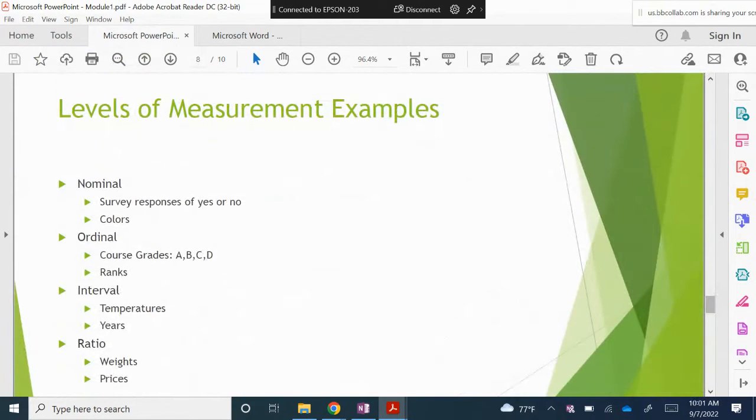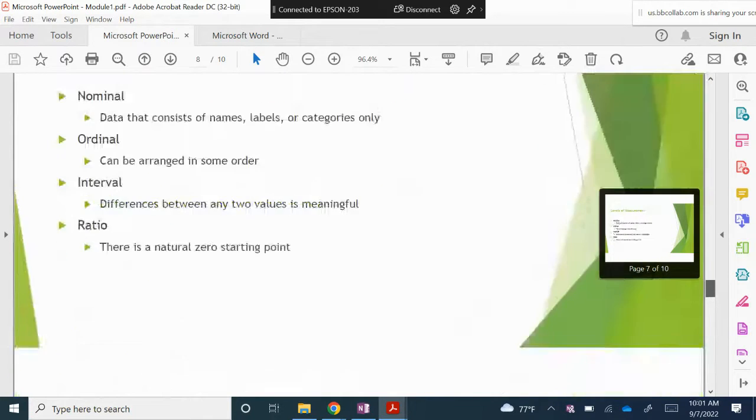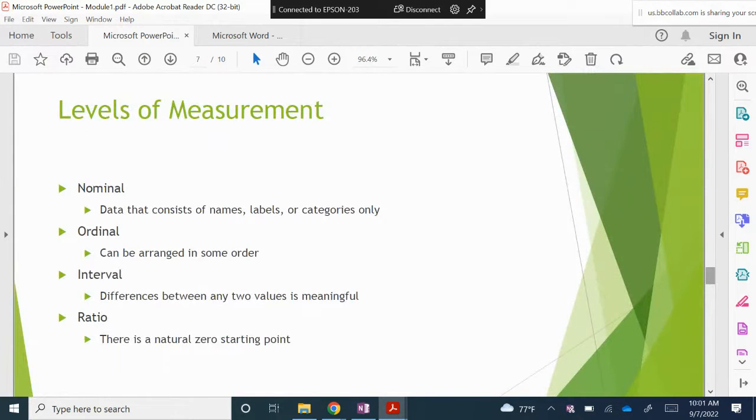All right, so now we're going to talk about levels of measurement. And there are 4 levels of measurement, okay, which are nominal. And when you're actually asked to choose if the variable is nominal, ordinal, interval, or ratio, I would actually go through and ask myself these 4 questions.